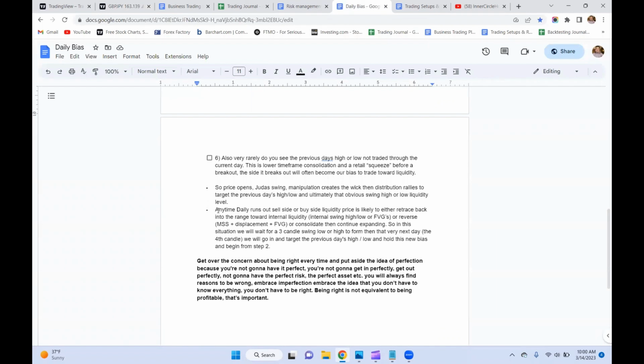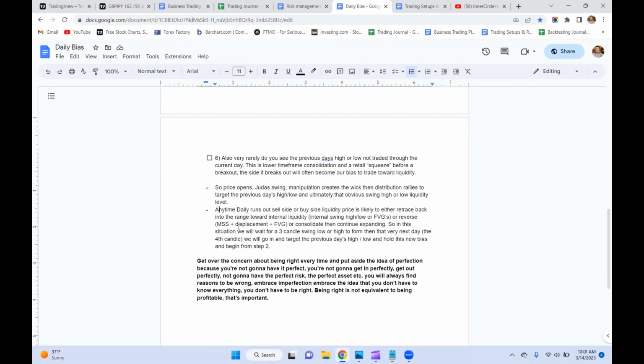I do want to read this to you. Anytime that daily runs out sell side or buy side liquidity, price is likely to either retrace back into the range toward internal liquidity, like an internal swing high or low, or fair value gaps, which in this case, you can see we have a fair value gap here.